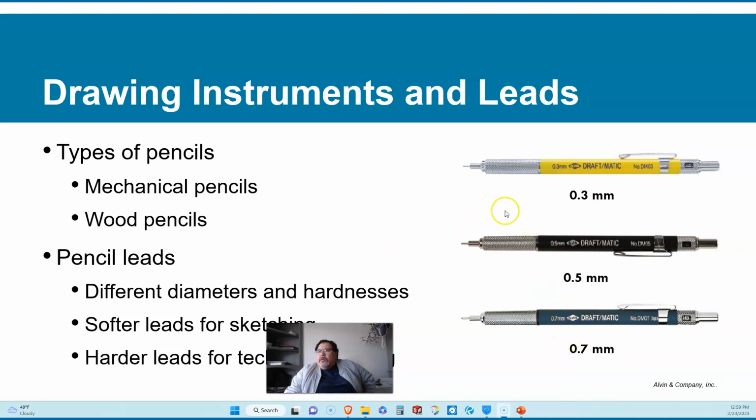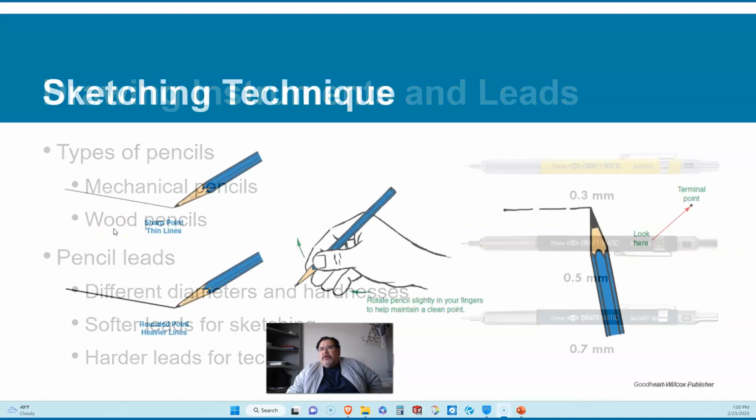As you wear out and use up the lead, you just click the button and it extends it. But they are a little bit of an investment. So you've got your mechanical pencils or your good old classic wood pencils, right? Very similar to these.